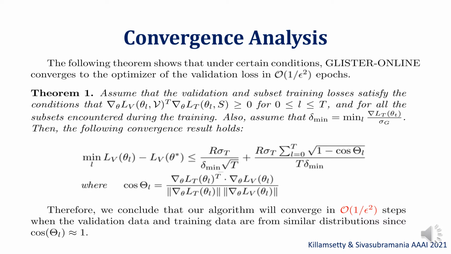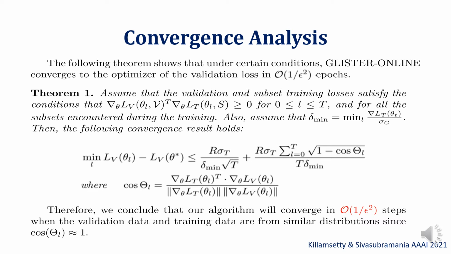Then there's this interesting result that the minimum of the deviations of the loss from the optimal loss is upper bounded by a term which is 1 upon square root t, which is what gives you 1 upon epsilon square epochs.